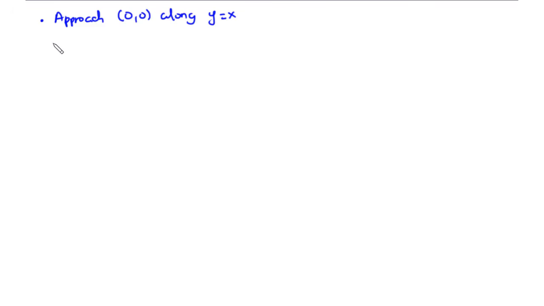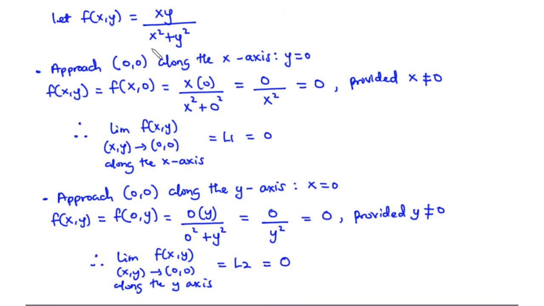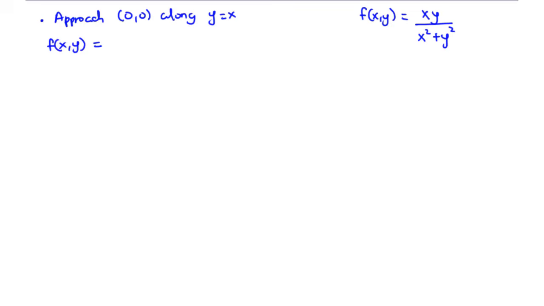So with that, we have f of x comma y equals, so first of all, the function f of xy is equal to x times y divided by x square plus y square. Let me check if I'm correct. So xy over x square plus y square. So that is exactly what I have here. So here we are going to have y equals x.